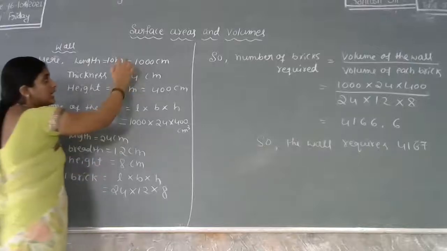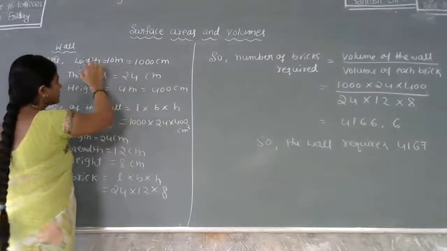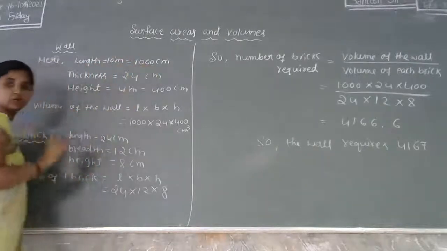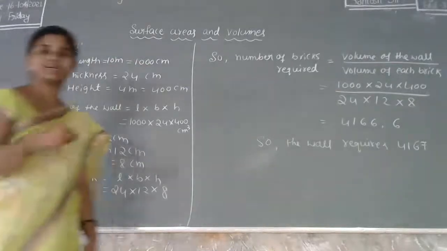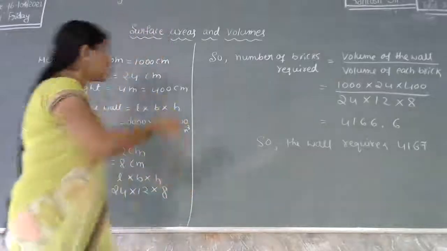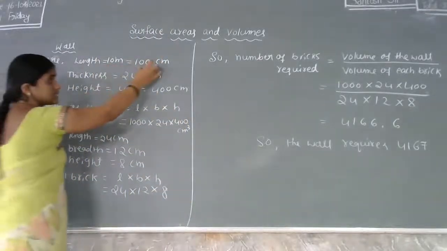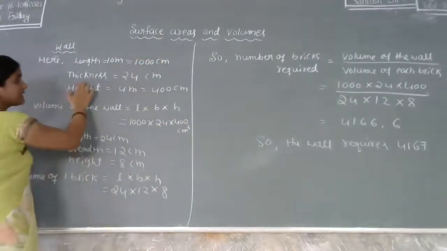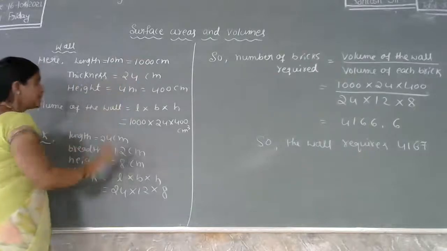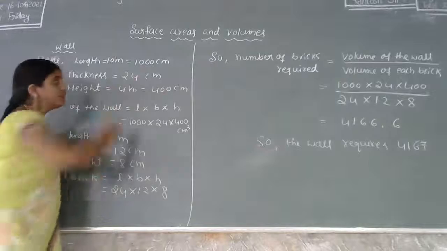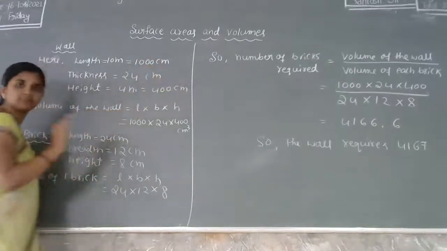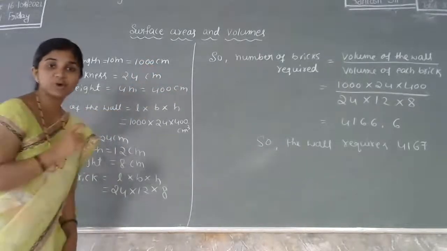So I took the given data in centimeters only, because for the brick every unit is in centimeter. So 10 meter is 1000 centimeter, thickness is 24 centimeter, and height is 4 meter, that is 400 centimeter. So centimeter, centimeter, centimeter: uniformity. This is about the wall information.